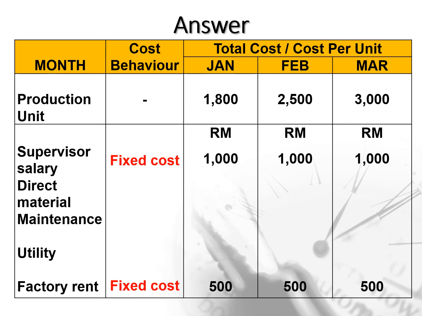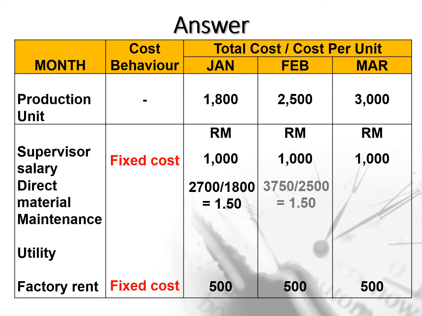Now, we go one by one. For direct material, cost per unit for January is RM2,700 divided by 1,800 units equals RM1.50.